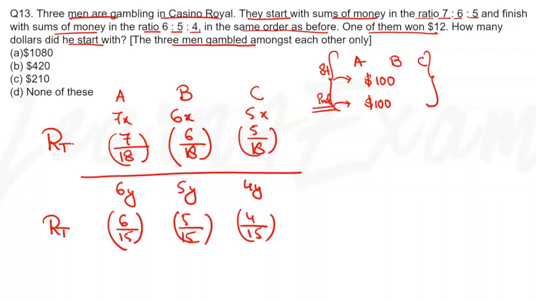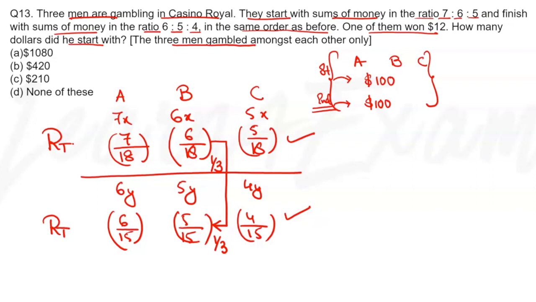Now if you look at these six numbers carefully, these three and these three, you see that for B it was 1/3 at the start, 1/3 at the end. So B here neither loses anything nor wins anything. Right? He neither loses nor wins. This is something you have to keep in mind.